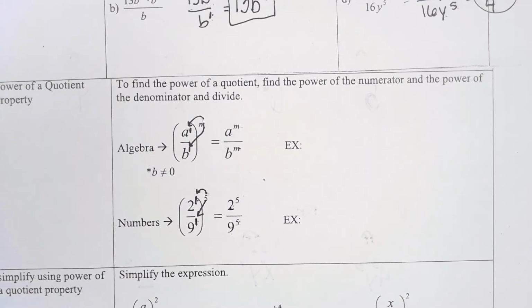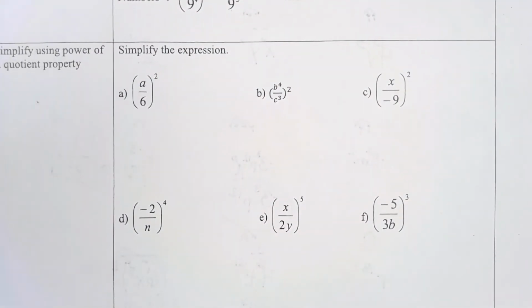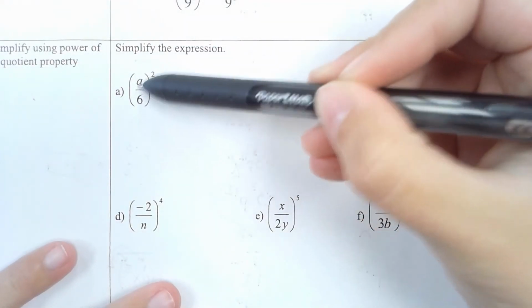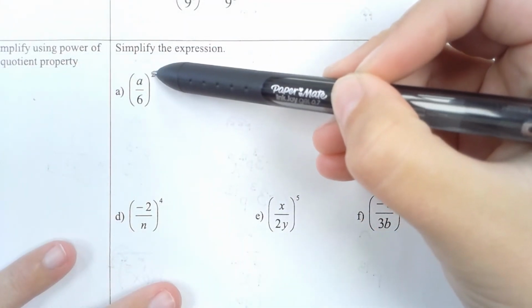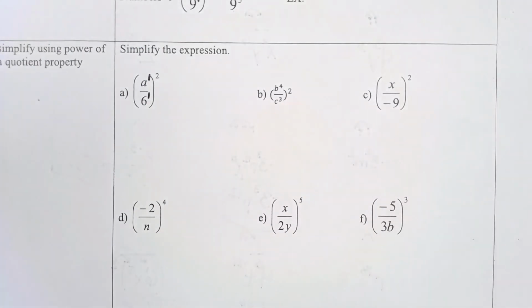Okay, so now let's just do some examples down here at the bottom. So again, I see my fraction. I can't do anything with a and 6, so now I'm just going to take it to that power of 2. So again, your power goes to every single exponent on the inside, in the numerator and in the denominator, and you're just multiplying.